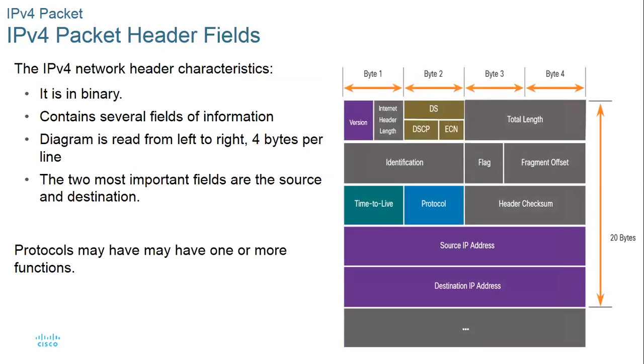So, an IPv4 header has multiple characteristics. First of all, it's in binary. It has several fields of information and is read from left to right. Every row has 4 bytes. 4 bytes times 5 lines is 20 bytes, which is the fixed header of an IPv4 packet.